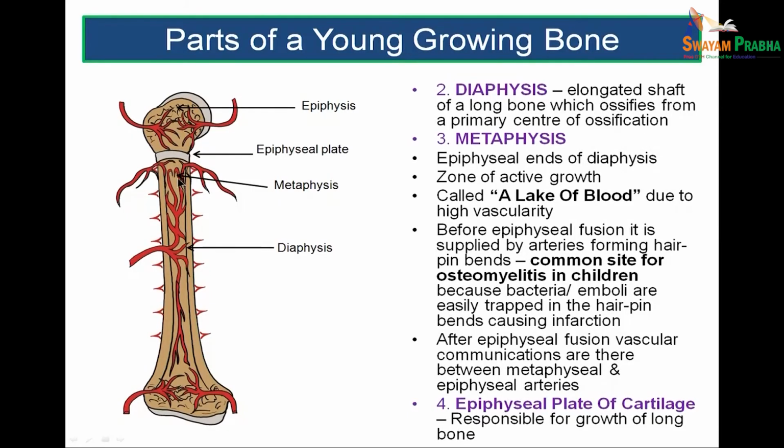Bacteria get trapped in these hairpin bends, causing this osteomyelitis. The epiphyseal growth plate of cartilage is between the epiphysis and the metaphysis, and this is the site at which growth in length of a long bone takes place.